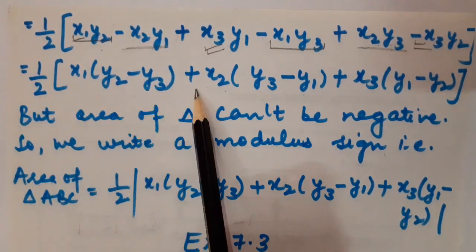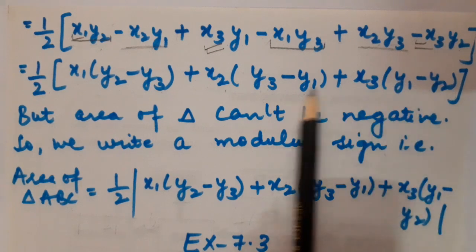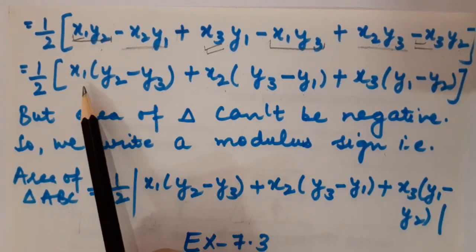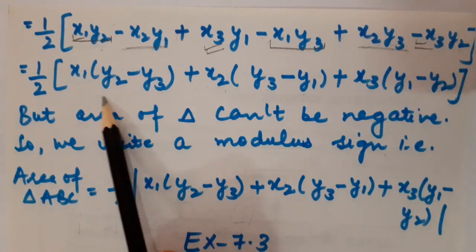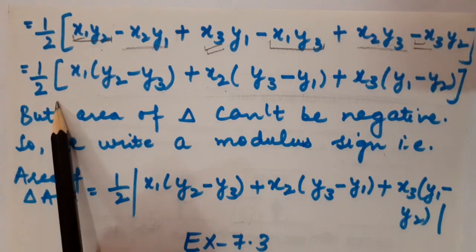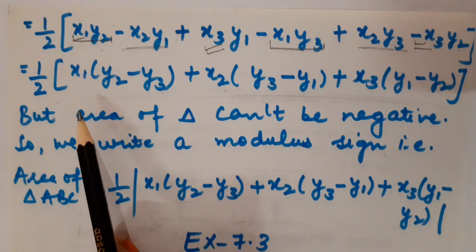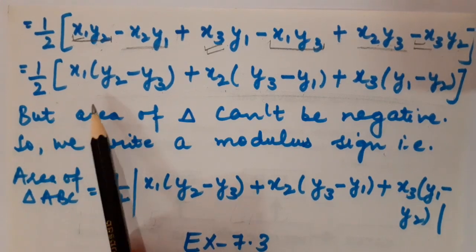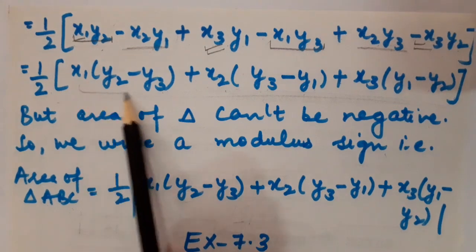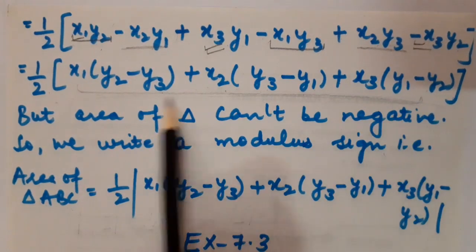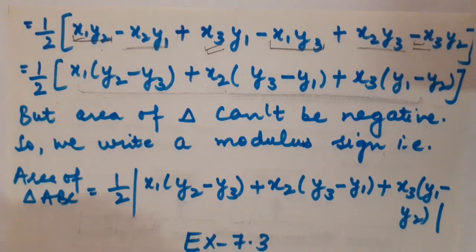While substituting the values over here, suppose we will be having these numerical values given at place of x1, y2, y3 and so on. Then suppose I am going to get this complete area as a negative value, negative result, then we know that area can never ever be negative. So just to make that expression or that value positive, we are going to substitute here the modulus sign.